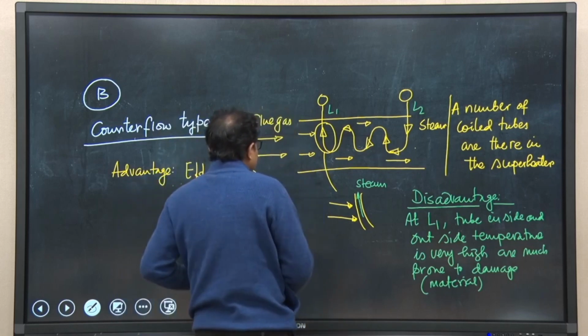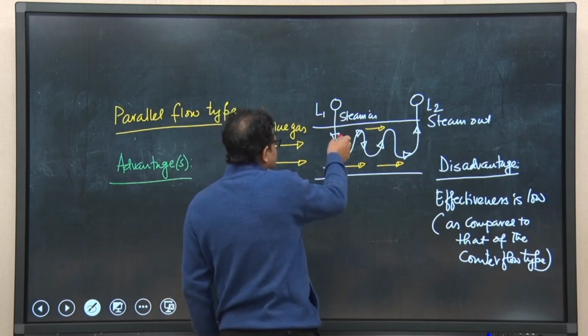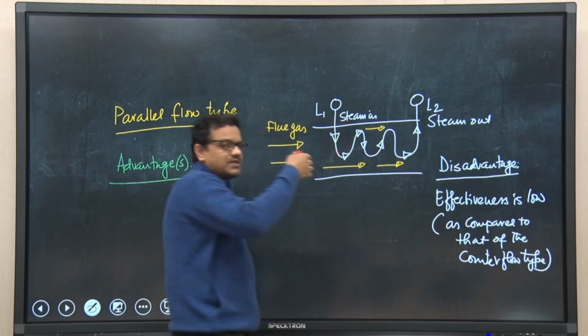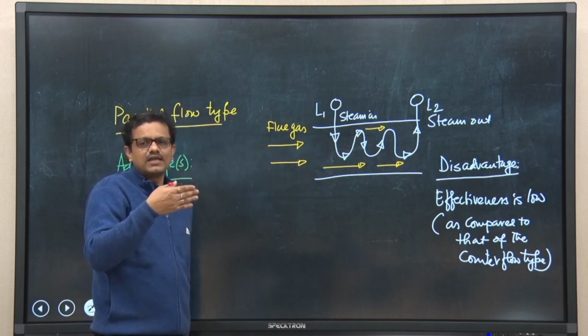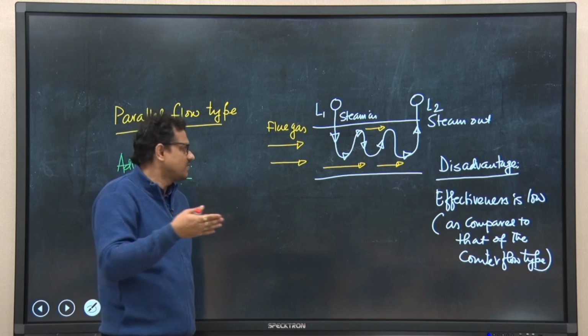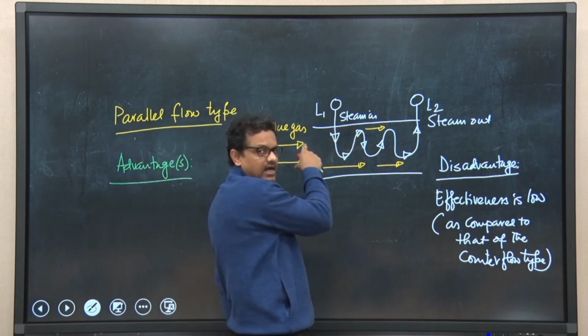But if we now consider this particular arrangement, this is the steam inlet. So, the inner surface temperature of the tube is not very high because steam temperature is not very high, though this particular portion is first approaching the flue gas.